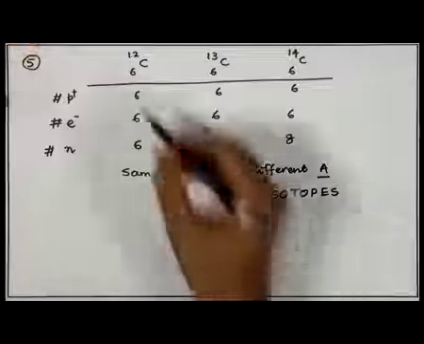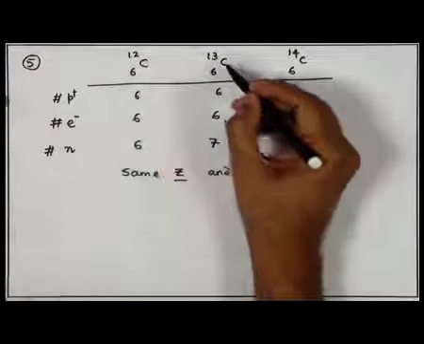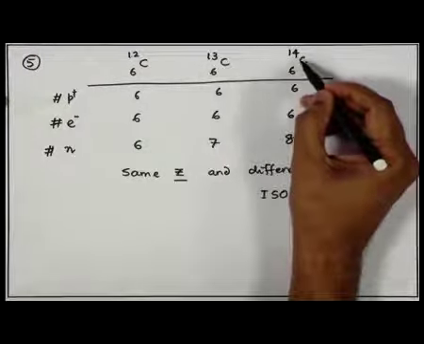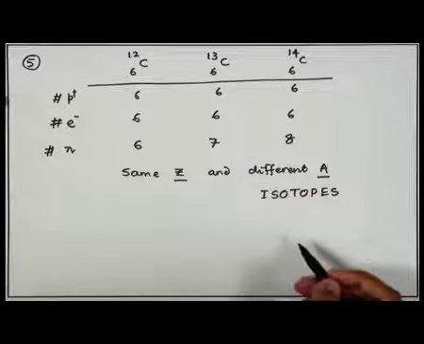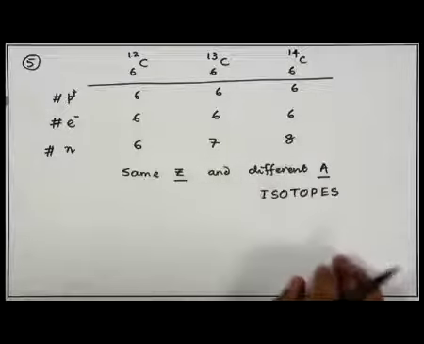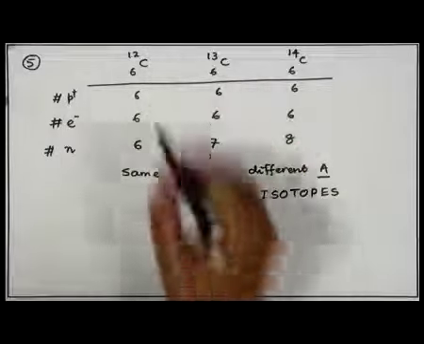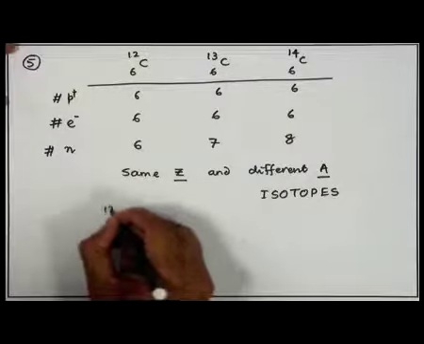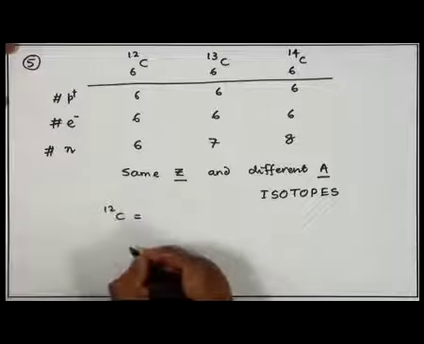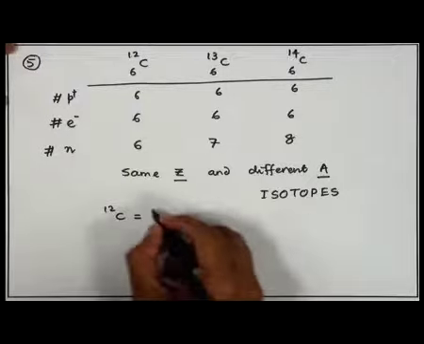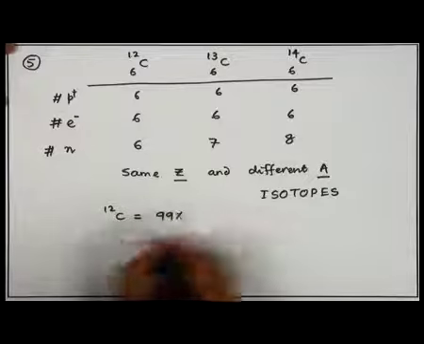In nature, sometimes you would see carbon 12, sometimes carbon 13, sometimes carbon 14. So, whenever we talk about isotopes, they also come with their natural abundance. For example, C-12 is the most abundant carbon form, almost 99%.